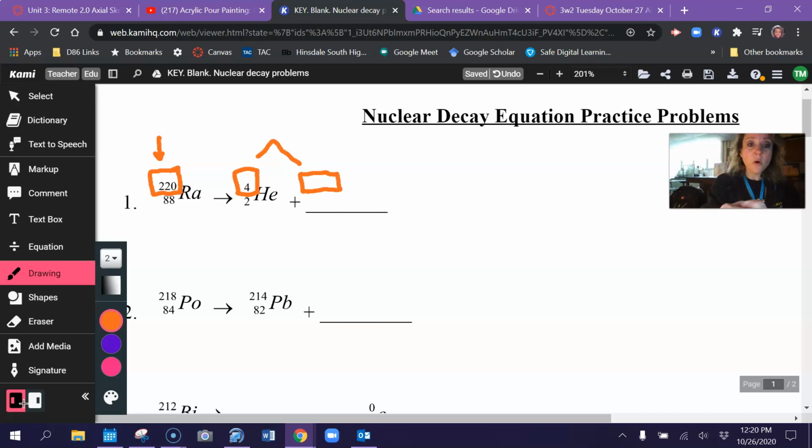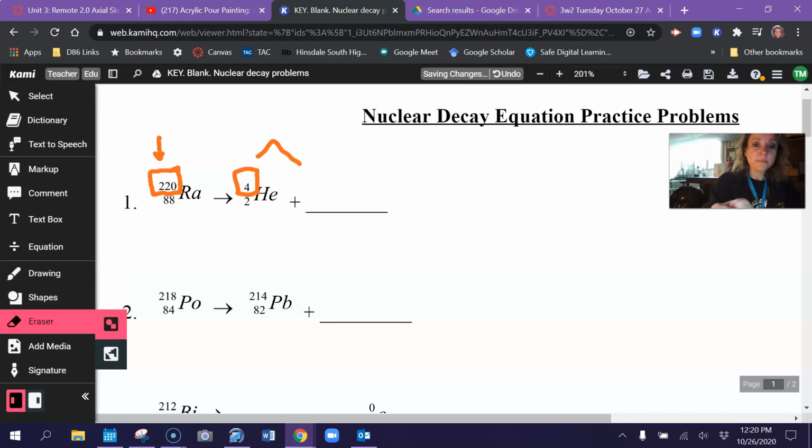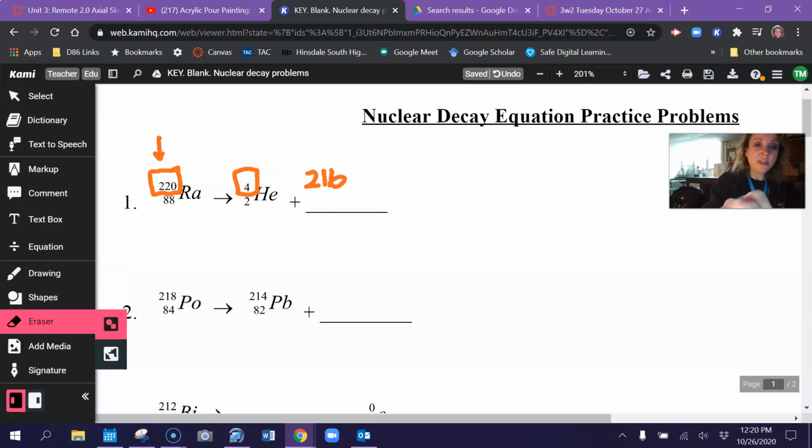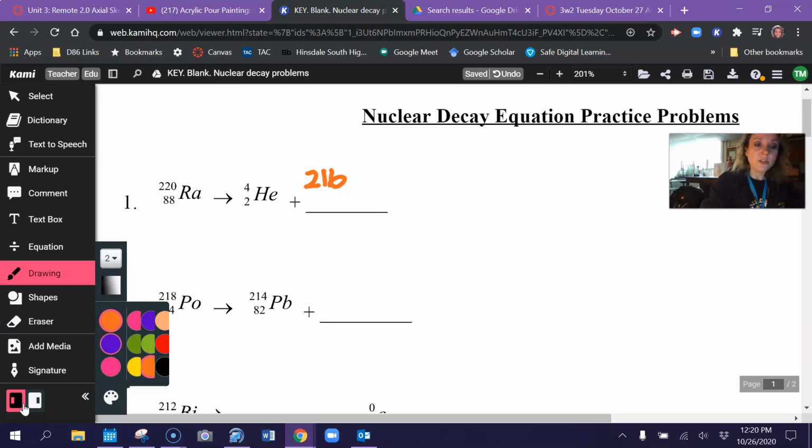So 4 plus some number must give me 220. So what number plus 4 gives me 220? If you answered 216, then you would be right, because 216 plus 4 gives me 220.